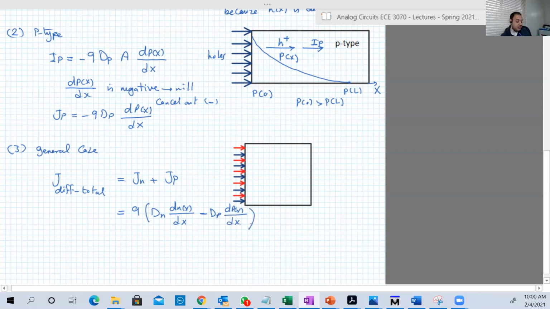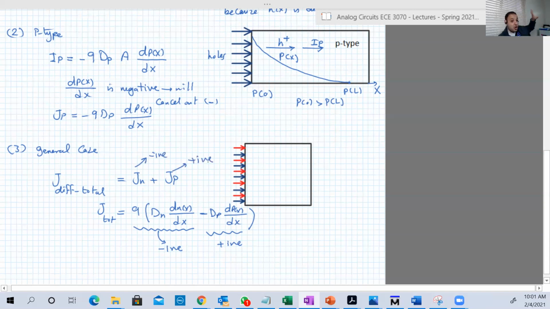But you will notice here, let's go back, this is J total. If we analyze this relation and check the sign of each term, you will find that this term here is negative, and this term here will be positive at the end. So Jn is negative, Jb is positive.